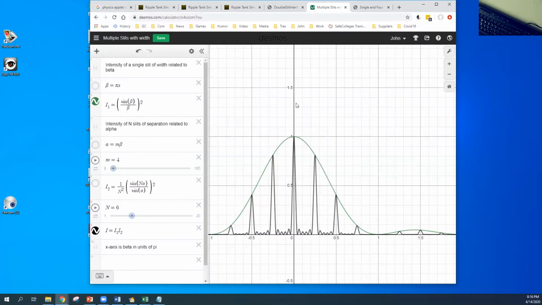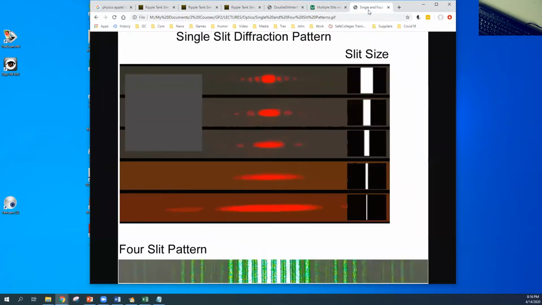Now let me just show you an example of this sort of thing. So these were the single slit patterns. Down here at the bottom in green is a 4-slit pattern, and you can see both effects. You see 4 slits because there are these strong bars, and in between there are 2 smaller peaks between the larger peaks.